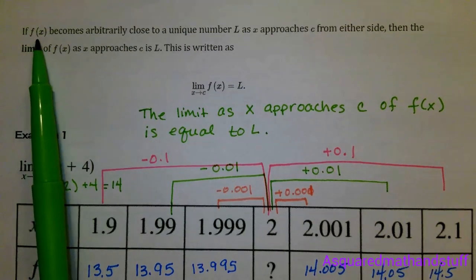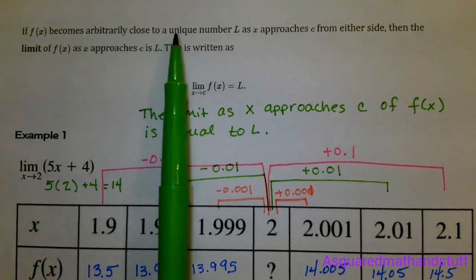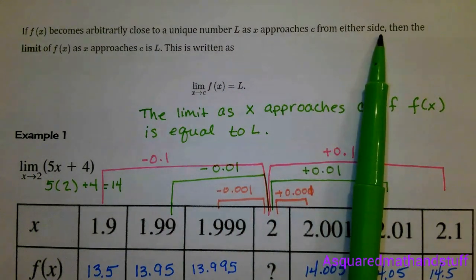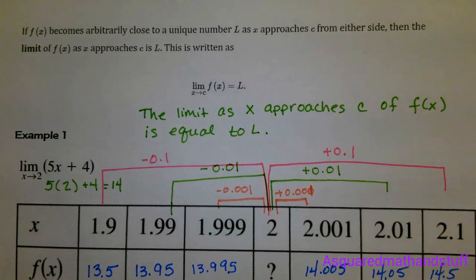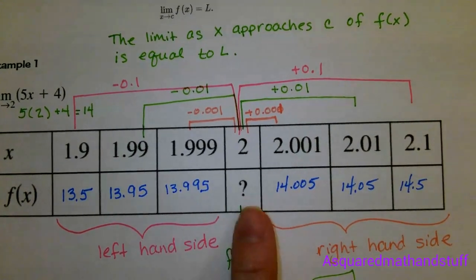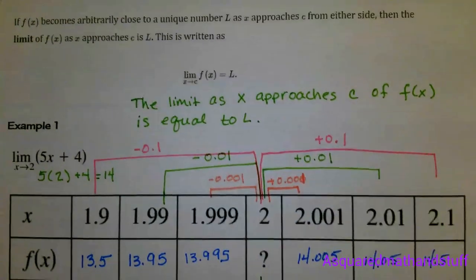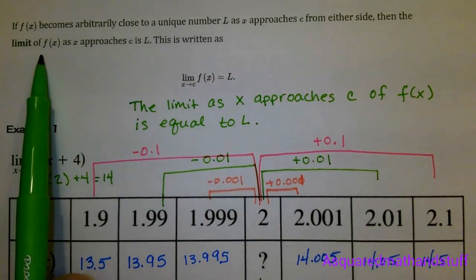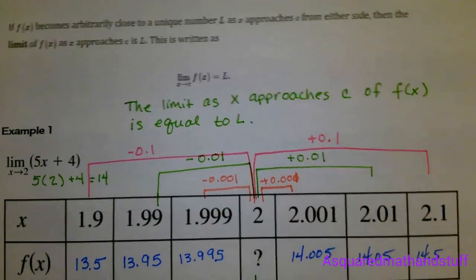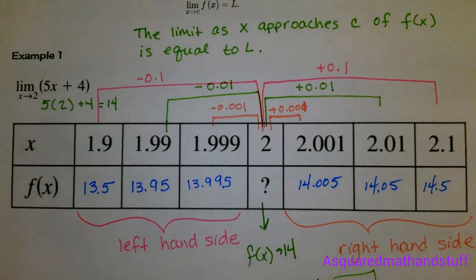So again, as f of x becomes arbitrarily close to a unique number L as x approaches c from either side, meaning on the left-hand side we went smaller, and on the right-hand side we looked at numbers that were bigger, then the limit of f of x as x approaches c is L. And so we found that our limit is 14.